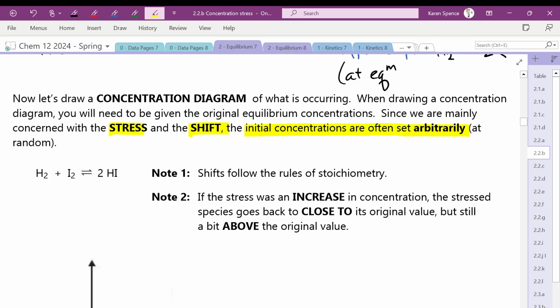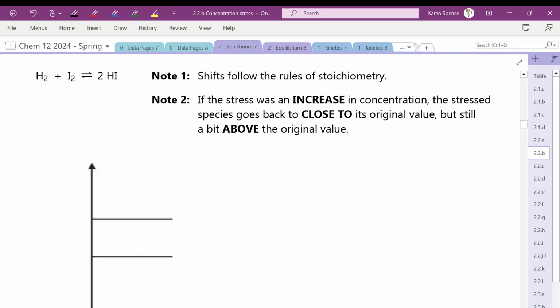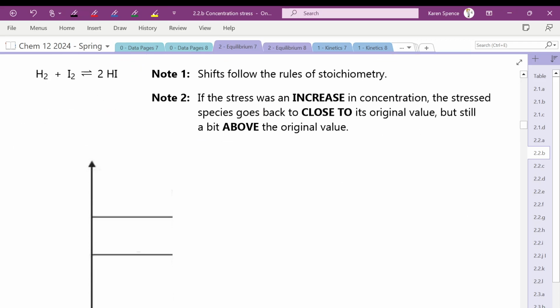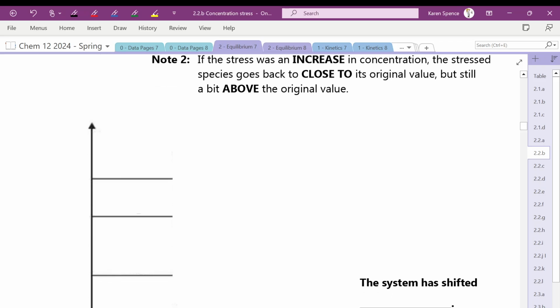We have set them at random. So do I care whether I put H2 at the top or I2 at the bottom or wherever? It doesn't really matter. I think this diagram goes a little bit better if I put H2 here and I2 here and HI here, but it really doesn't matter. You could pick where you set them, okay?